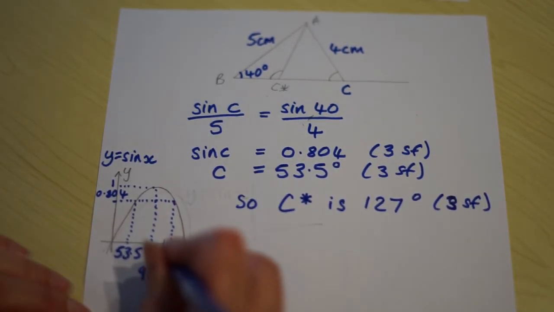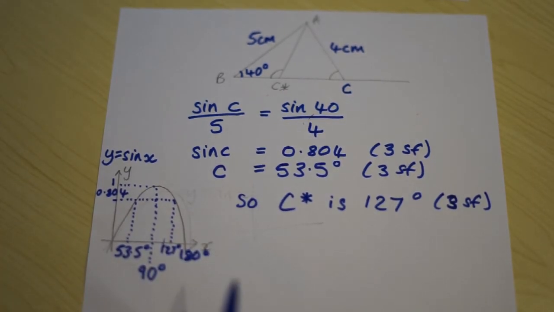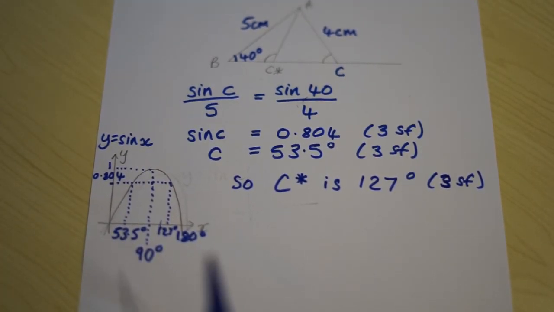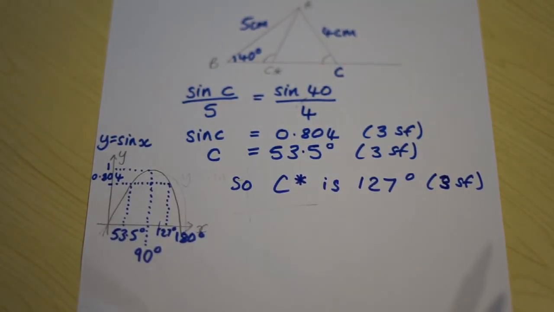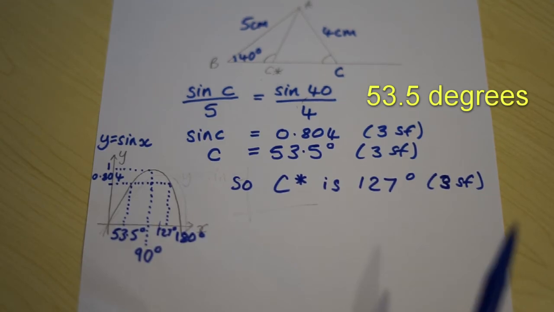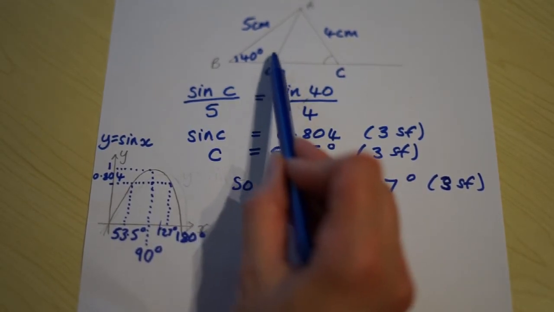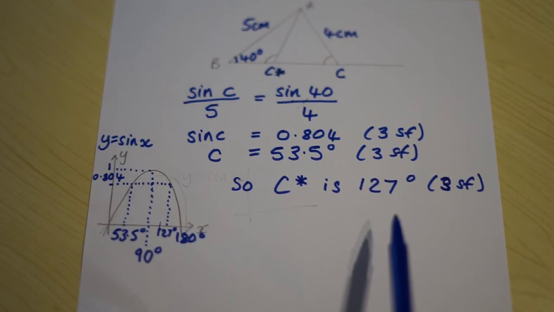I'll write that there as well. A bit crowded on that diagram. So the answer to this question is that C, the acute angle, is 53.5, and C star, the obtuse angle, is 127 degrees, both to 3 significant figures.